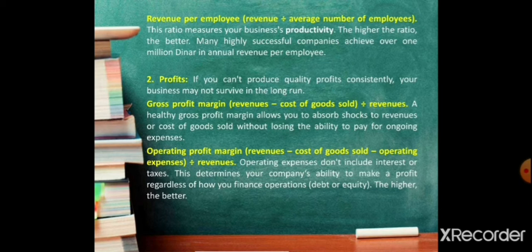Operating expenses do not include interest or taxes. This determines the company's ability to make a profit regardless of how you finance operations, debt or equity. The higher, the better the condition of the business, or the better the profitability position of the business.